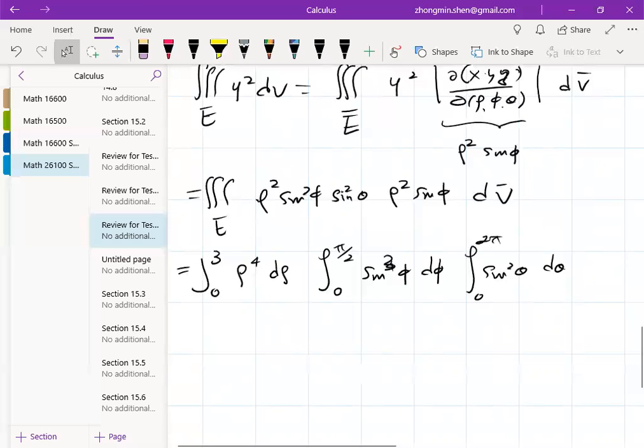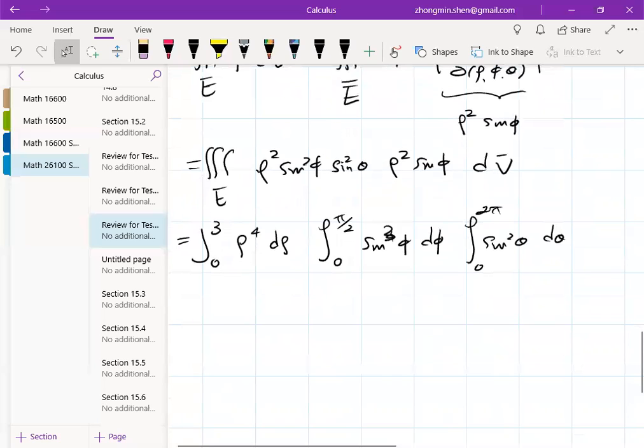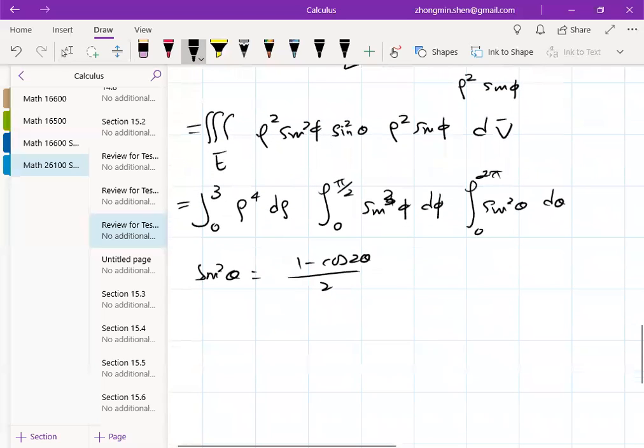So don't just focus on the answers. I will stop here, I'm not going to evaluate the integrals. The first one is easy, right? The second one, you need the formula for this. And for the sine cubed phi integral, you have to use a substitution, because sine cubed phi is sine squared phi times sine phi, which is 1 minus cosine squared phi times sine phi.